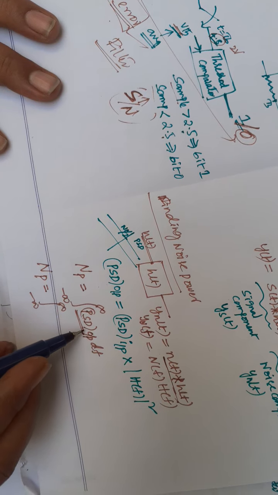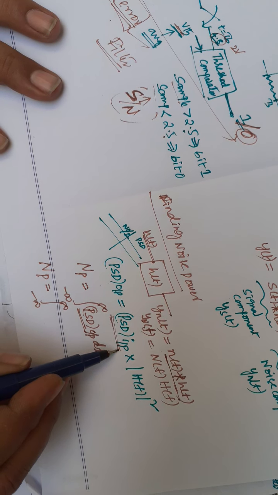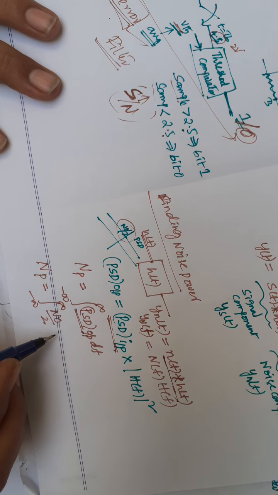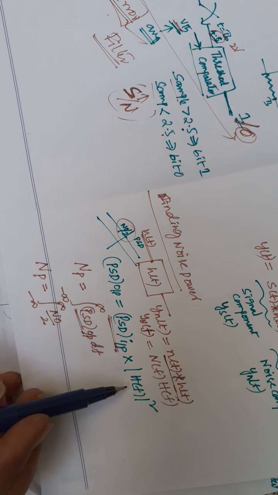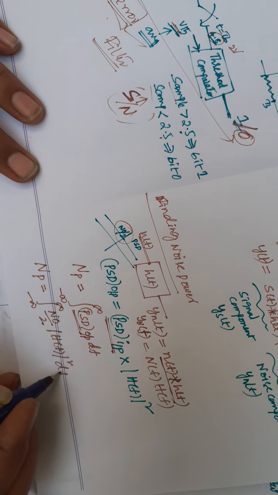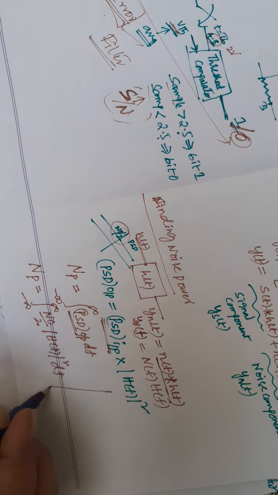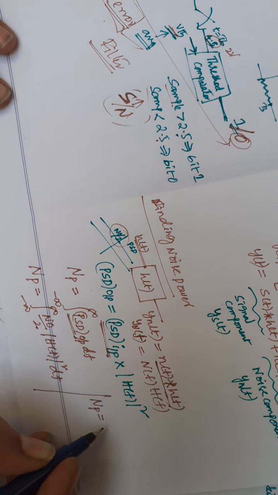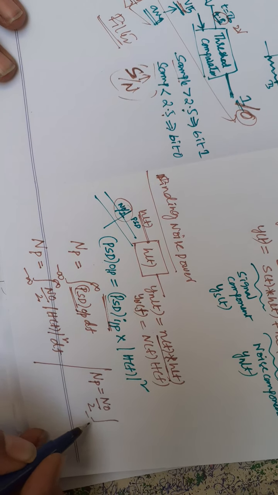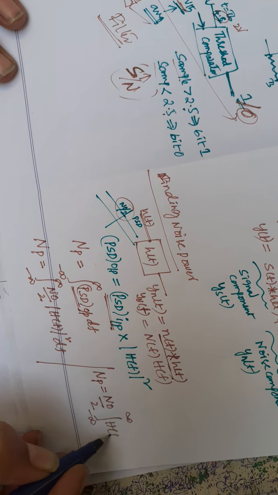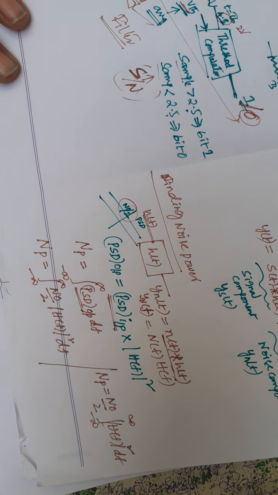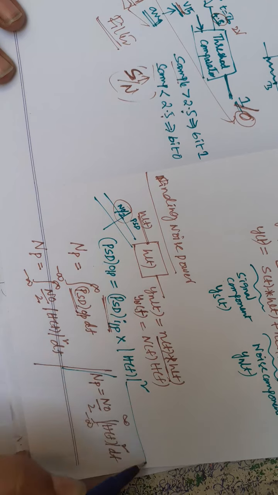It is the power spectral density input, which is N0 by 2, into mod H of f whole squared, into df. So finally the noise power is N0 by 2 times the integral from minus infinity to infinity of mod H of f whole squared df. Okay, this is the noise power equation.